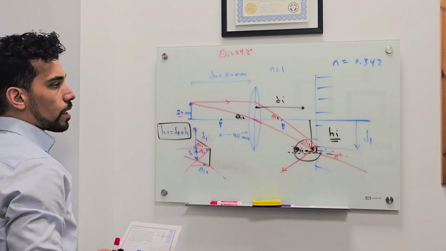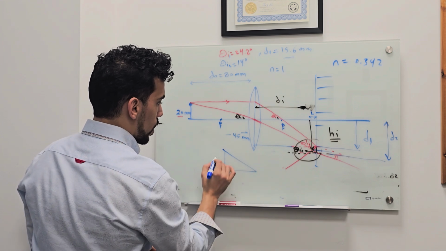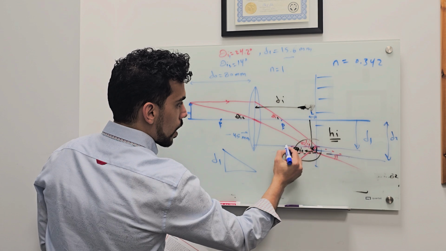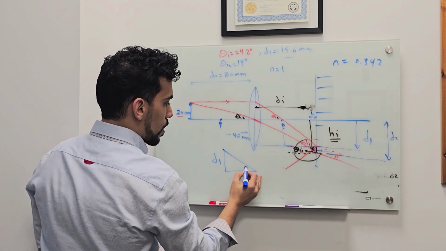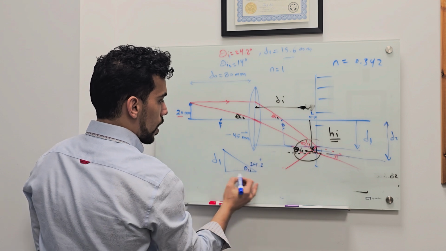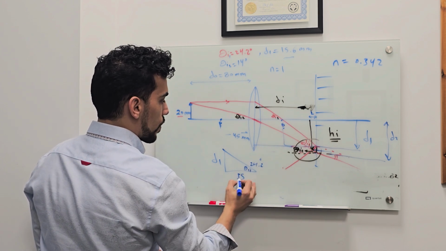Okay, to get D1, this is D1, so we will use this triangle basically. So this theta incident 1, which is equal to 24.2 degrees, and this distance basically is 80 minus 45, which is 35.